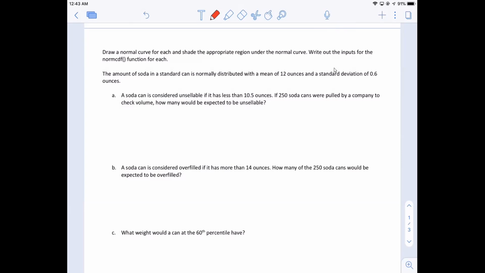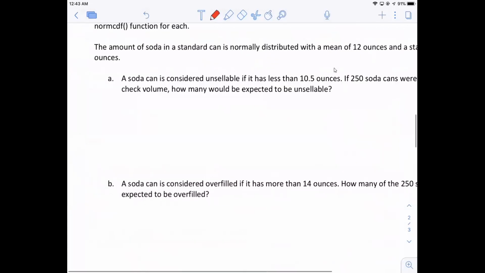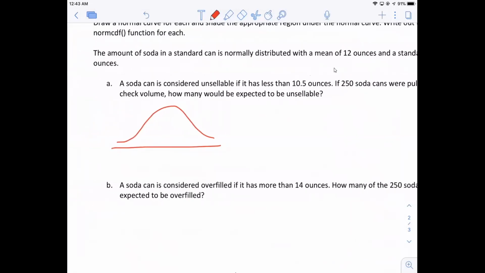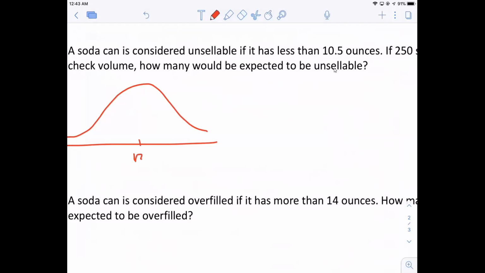The amount of soda in a standard can is normally distributed with a mean of 12 ounces and a standard deviation of 0.6 ounces. So if I draw a quick picture, it's going to look something like this. Mean of 12. Here is one standard deviation.